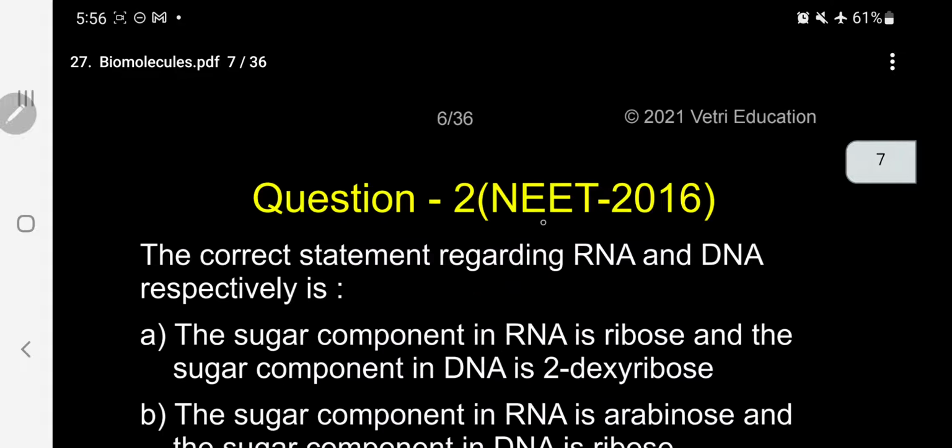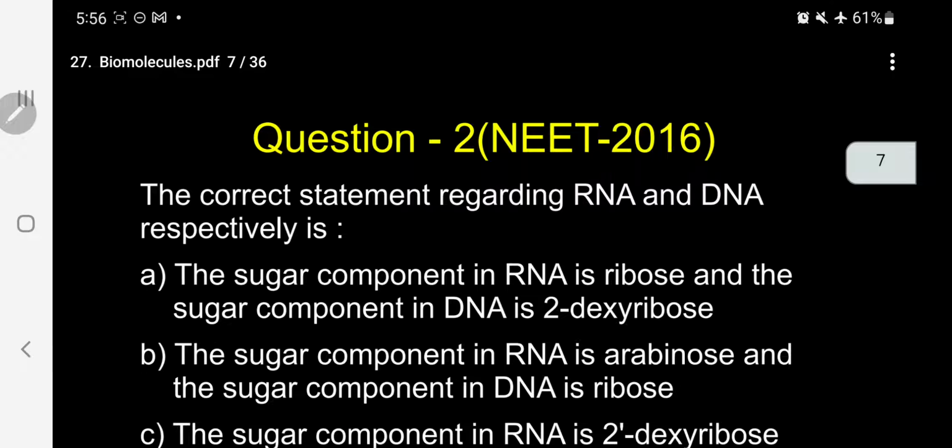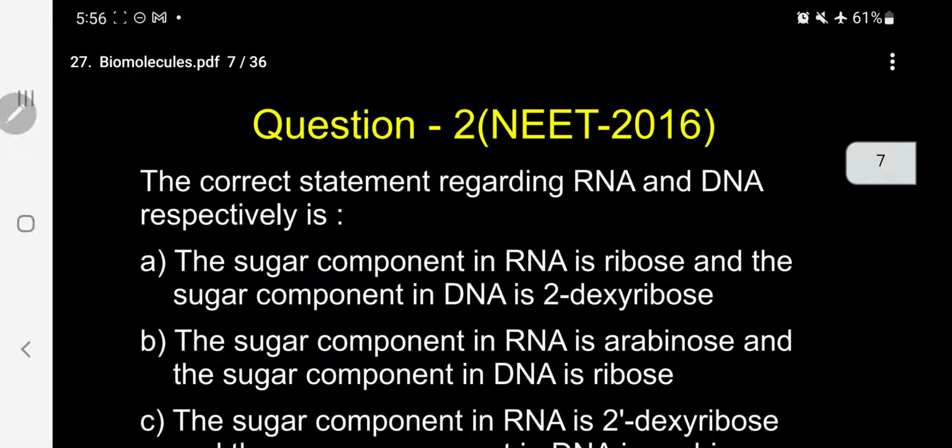Next question. Question number 2. Please follow. The statement regarding RNA and DNA respectively is. This is actually asked under nucleic acids.